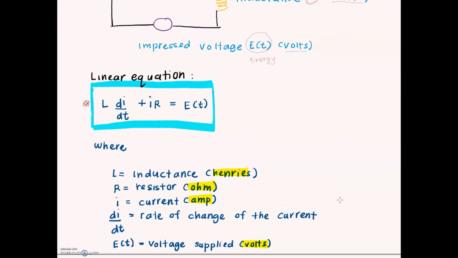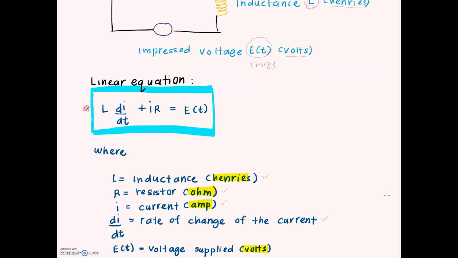L represents the inductance in henries, R represents the resistor in ohms, and I is the current in amperes. di/dt is the rate of change of the current. If you need to find the rate of change of the current, then you need to differentiate the function of I. And E(t) is the voltage supplied in volts, or the energy supplied in your RL circuit.